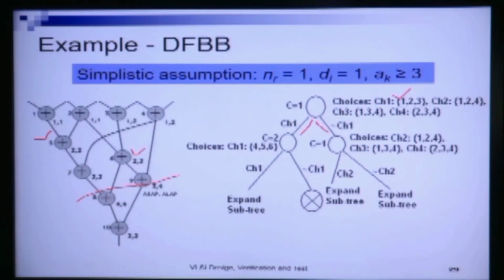On the left hand side, I am at time step 2 and the only choice is 4, 5, 6. If I take choice 1, I will again schedule, I will make available operation 9, then I will make available operation 7. 7 and 9 will become available at the next time step 3.